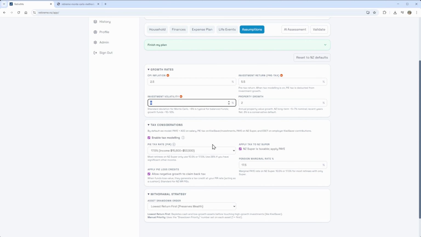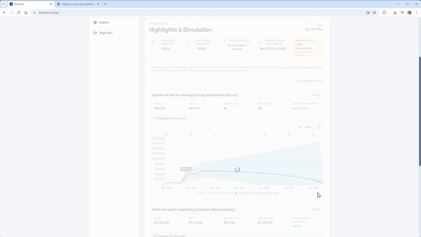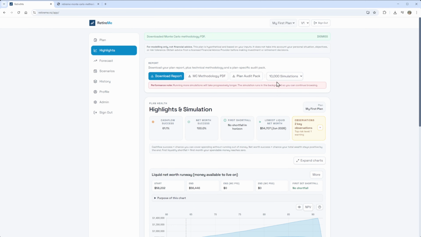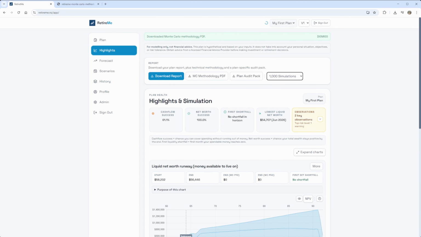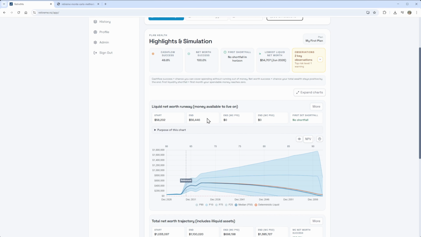It makes quite a big difference if I just take it to 12% and go and look at the results. I've got it on 10,000, so it'll take a bit of time. You will see volatility does change the curves. And you can fiddle with those percentages, but typically 8 or 9% is the average that most people use.